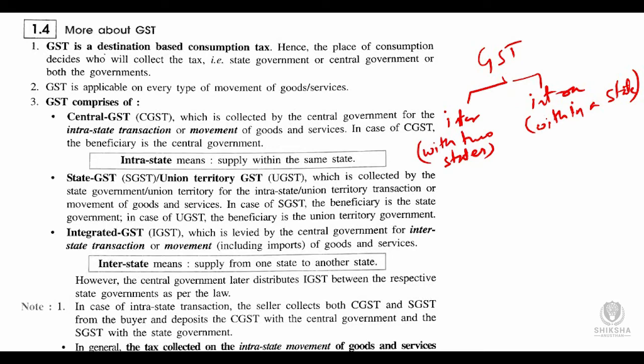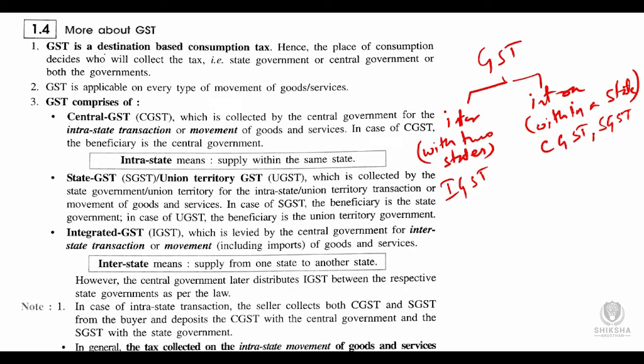Now, if it is between two states, then there will be IGST, and the CGST and SGST will be nil here. And in case of intrastate, there will be only CGST and SGST, and the IGST will be nil here.